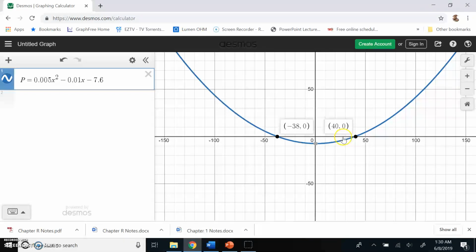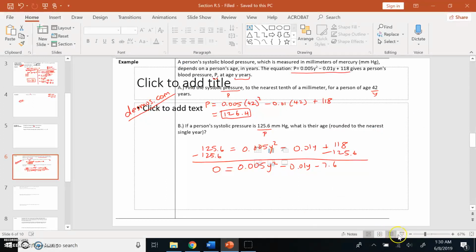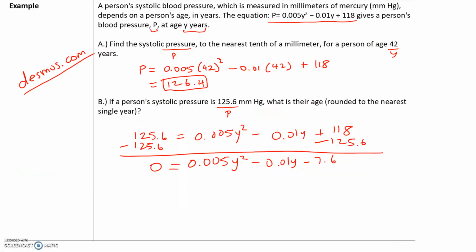So once again, graph this, and the solution is always where the graph crosses the x-axis. So we're going to go back here and say that the age of the person, y, is 40 years.